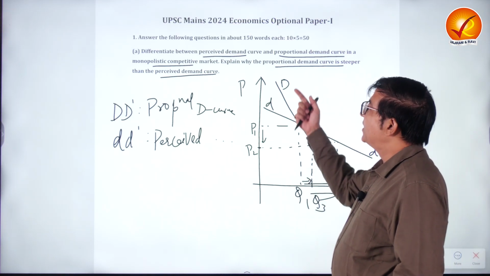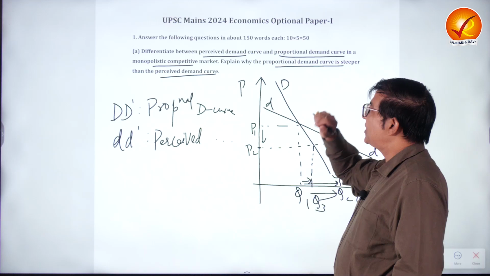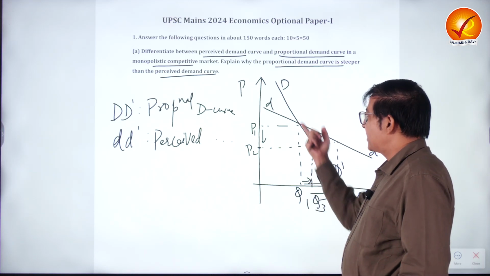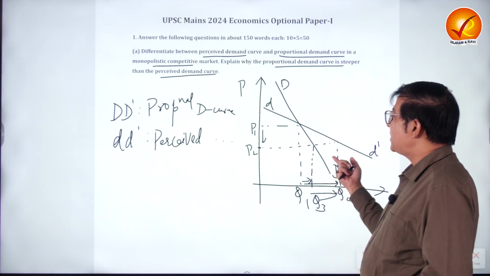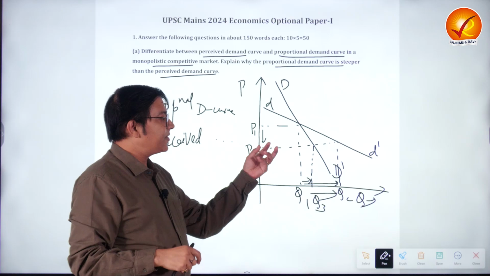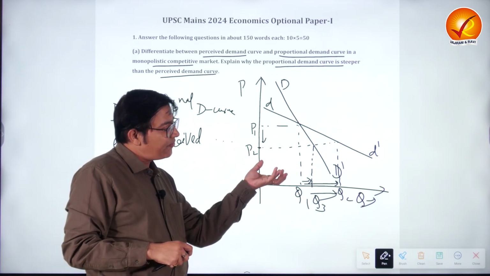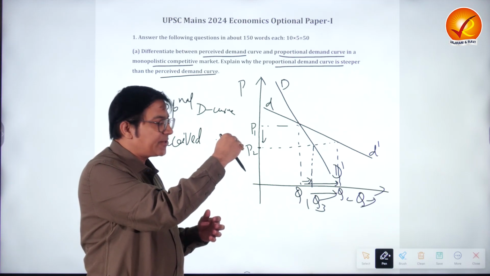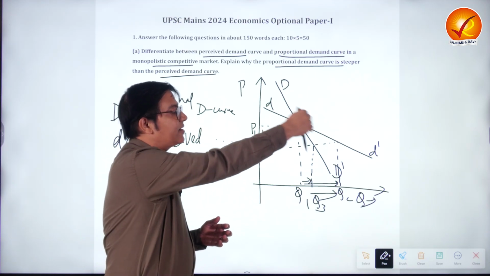The second part was why the proportional demand curve is steeper than the perceived demand curve. Very easy. In the graph also it is clearly steeper. For any fall in price, if other firms are also following the same way, obviously the firm will end up selling a lesser amount than what it thought.